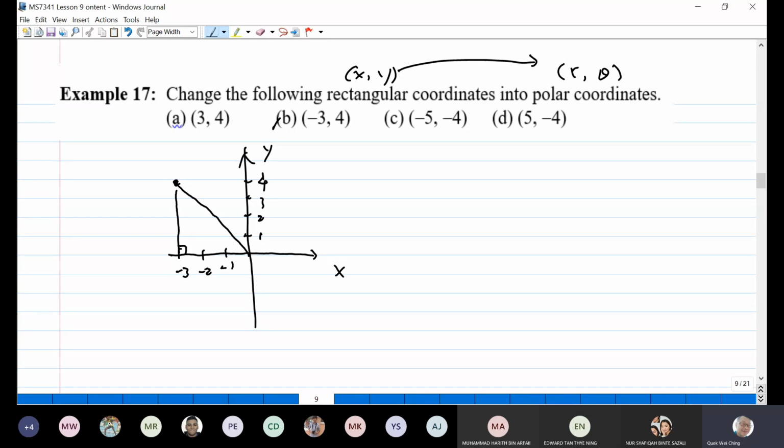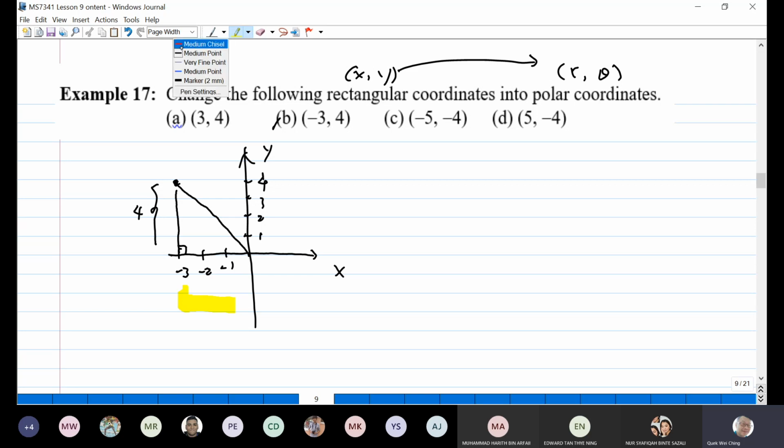Okay. What this triangle is trying to tell you is this. What is the y now? The y is for plus 4 here, positive, and then the other one, the x coordinate is negative.